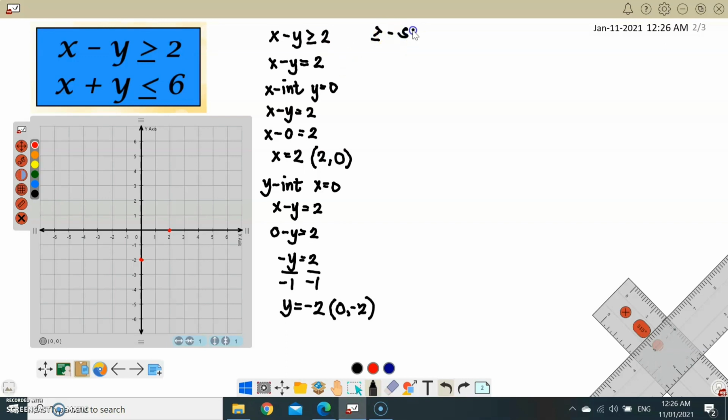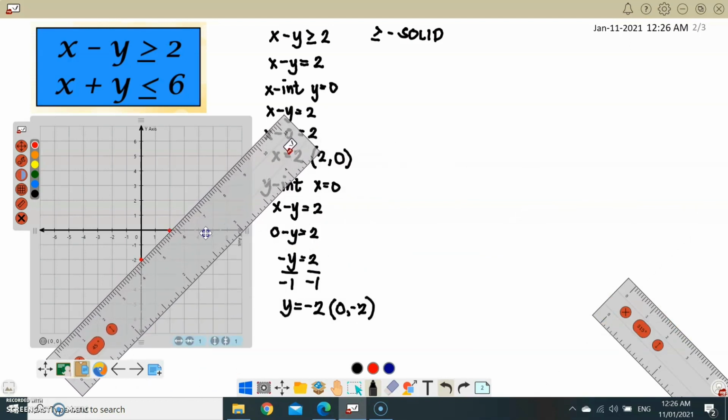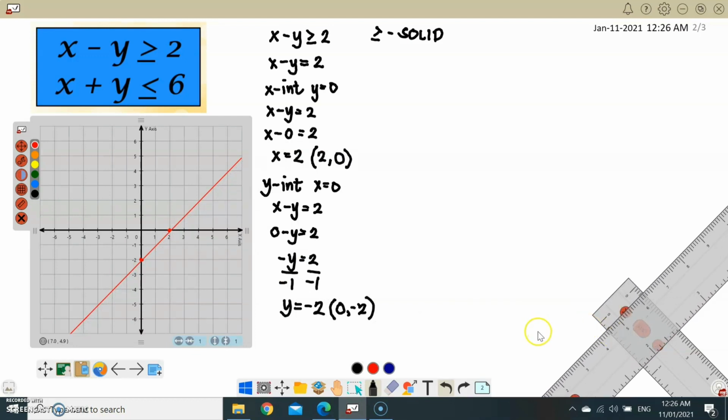Yes, it is a solid line. So we are going to connect the points using a solid line. So using a ruler for us to connect it properly. Solid line. So you have there. We already have our boundary line.